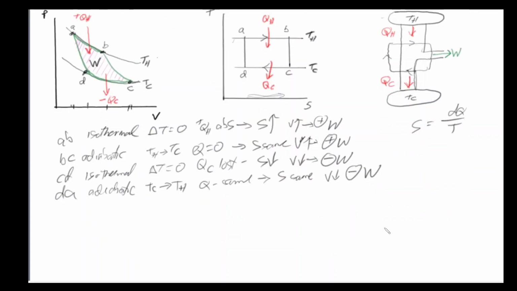So you can see that we have a complete cycle where heat is lost or absorbed from A to B and C to D, and we get a change in entropy from A to B and C to D. However, because we come back to A, our change in internal energy is equal to 0, and our change in overall entropy is equal to 0.